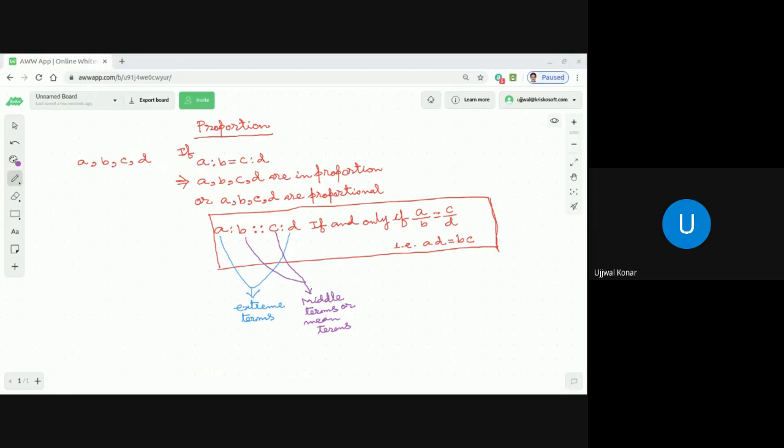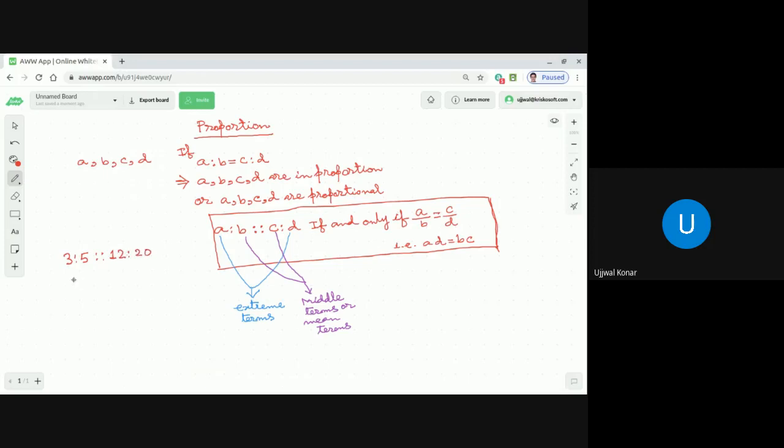Let us take an example, because things get very clear when you take examples. Suppose 3 is to 5 is actually 3, 5, 12 and 20 are proportional.